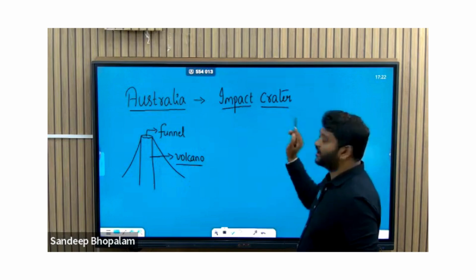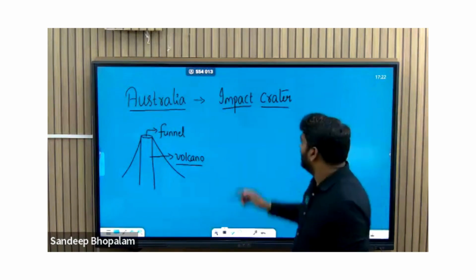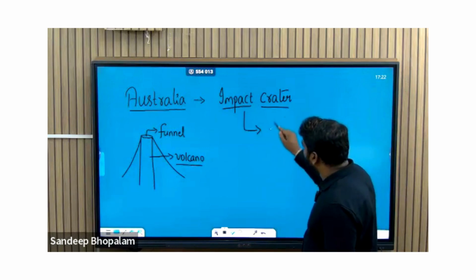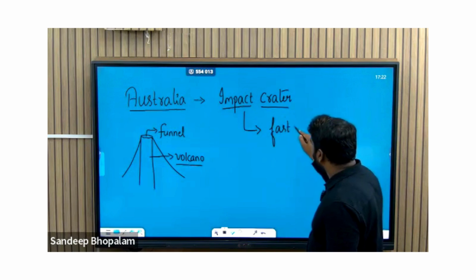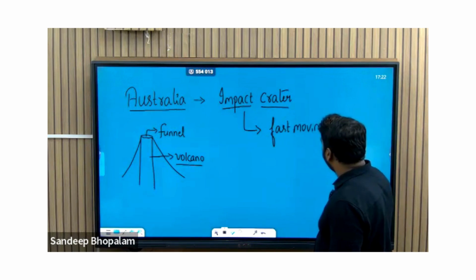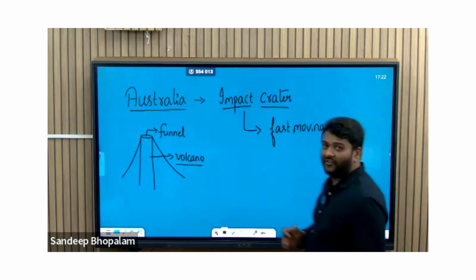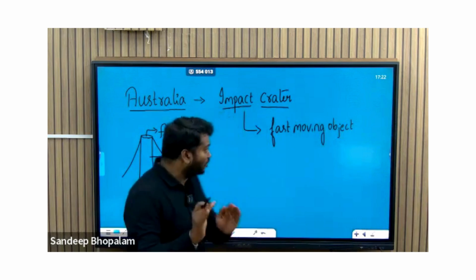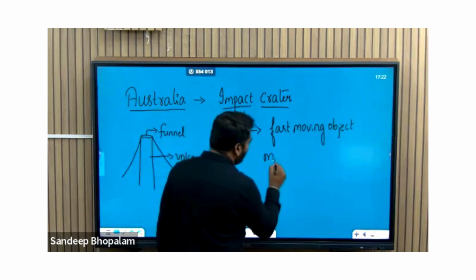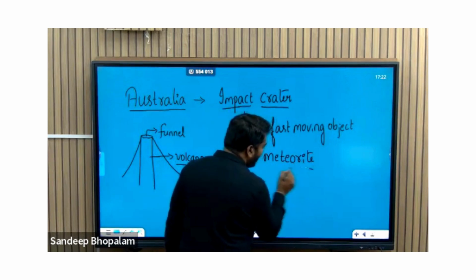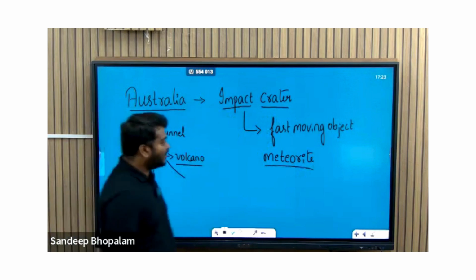Impact crater. Impact crater means it is actually created by what we call fast moving objects. It is created by a fast moving object. Most probably, it would be created by a meteorite.